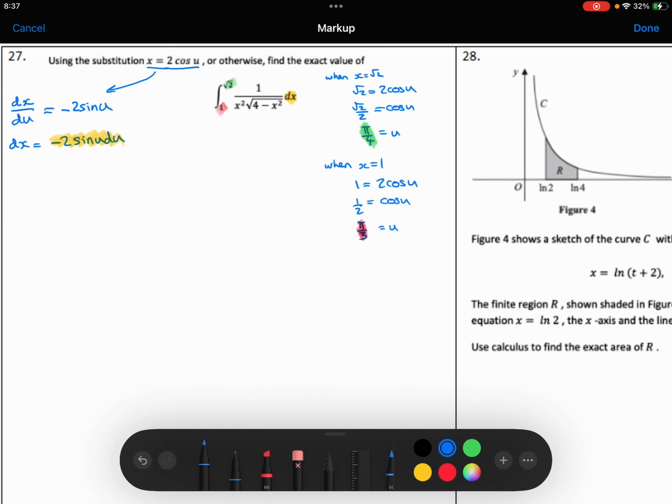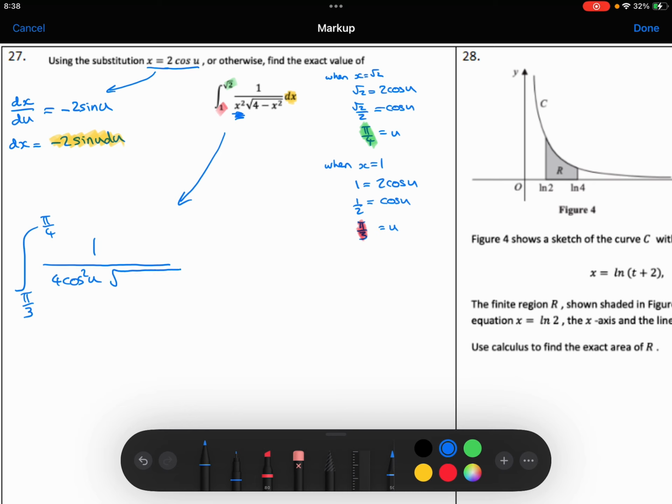Right, let's plug all of those values into this integral and have a look at this fraction as well. So my upper limit was pi over 4, my lower limit was pi over 3. And we've got 1 over, so this x squared is going to be 2 cos u squared, which will become 4 cos squared u.